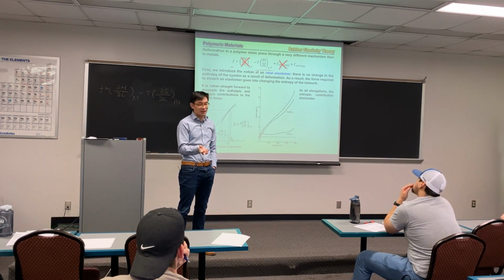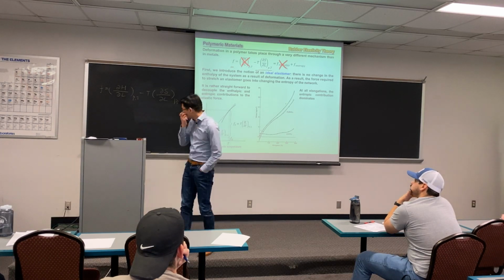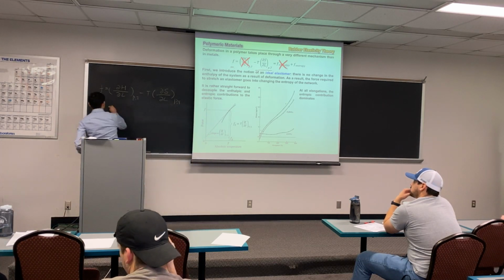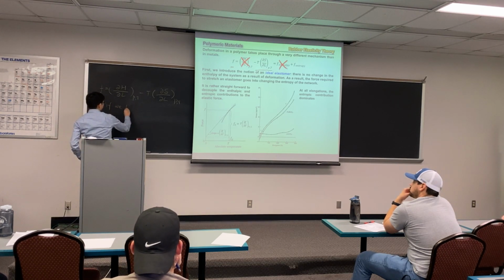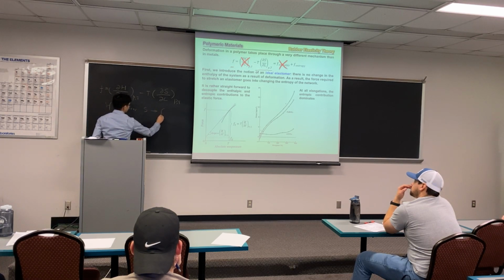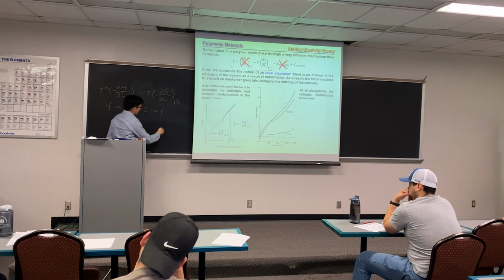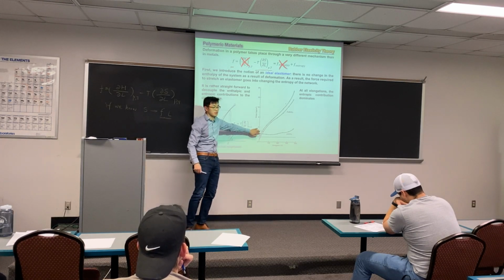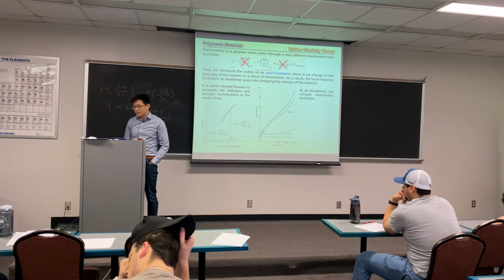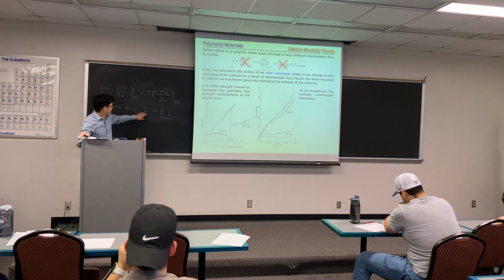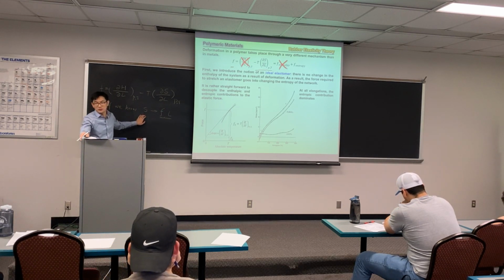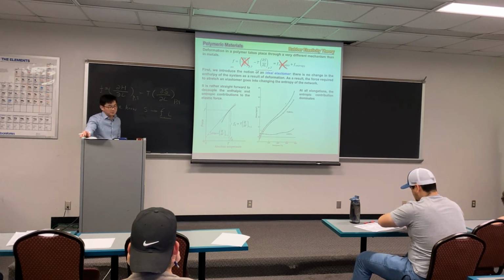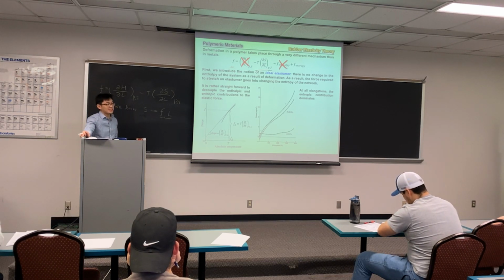So if we can calculate the entropy S, then we can calculate the force, and you can get the force versus L curve, which can now predict the mechanical properties of an elastomer. So now the question for you is, how can we get the entropy change of a polymeric chain before and after deformation? Somebody help me?